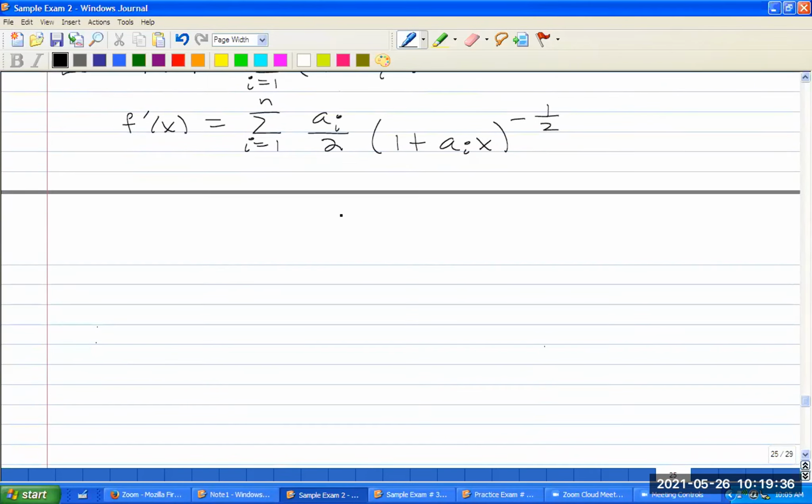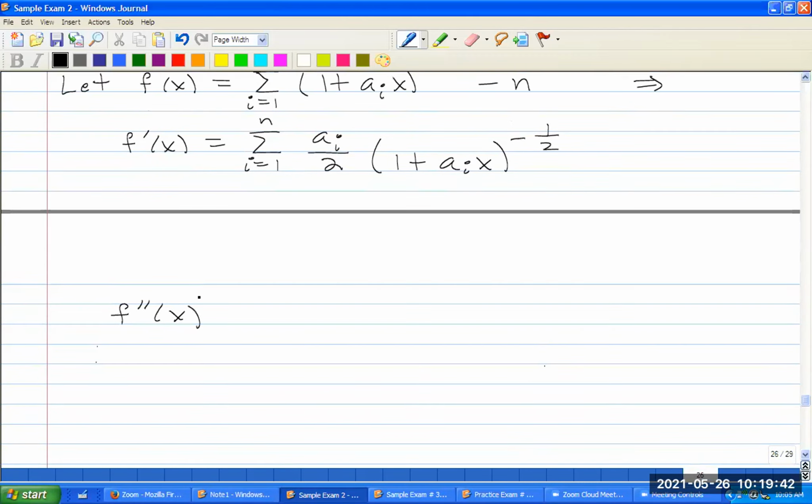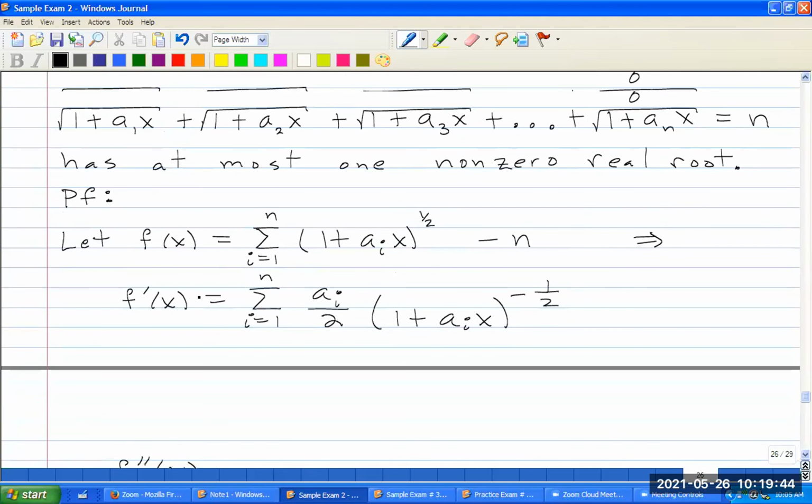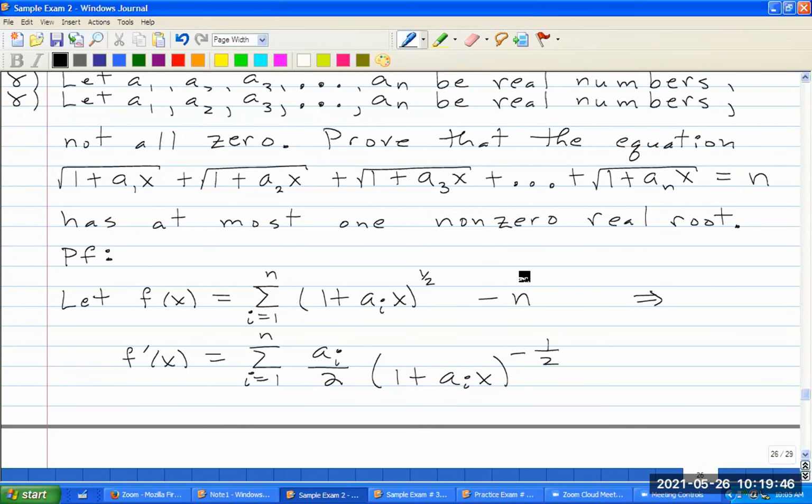Let's look at the second derivative. Oh, and of course, the derivative of a constant is 0. n is just a constant, same n as this, of course.